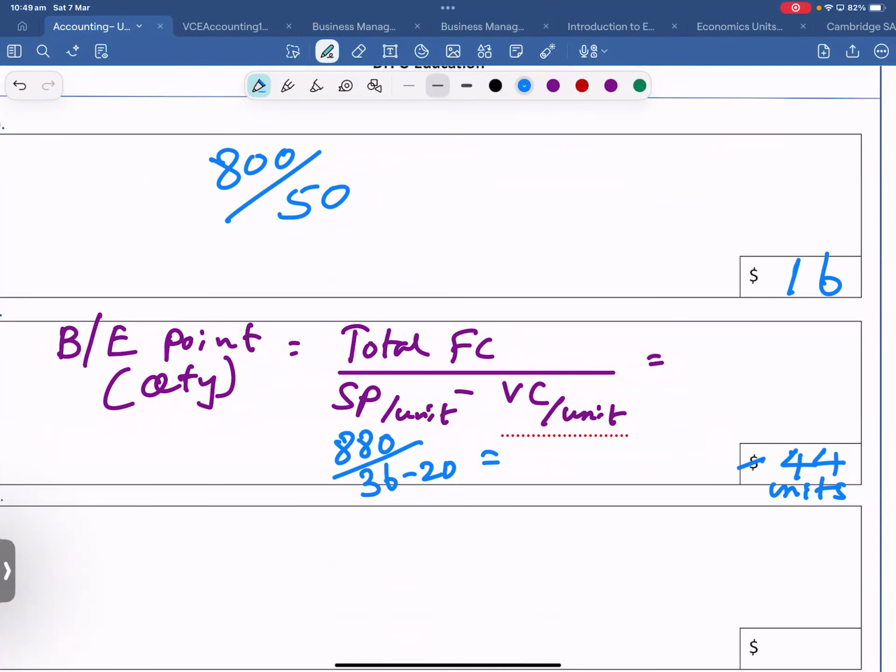The variable cost would be 1,000 divided by 50, which is 20. So 880 divided by 16 is 55. So this is not 44, it should be 55 units.